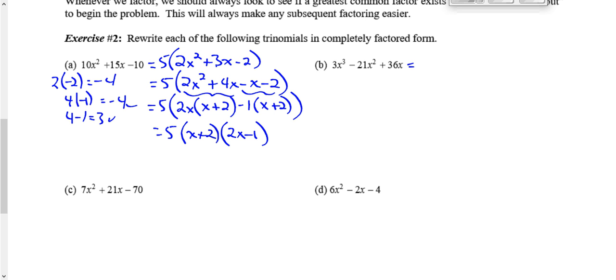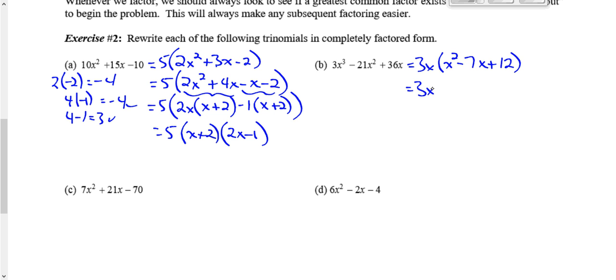And then it's a simple thing. So what is the GCF there? Is it 3x? So it's 3x. When we factor it out, what's that leave us? x squared minus 7x plus 12.